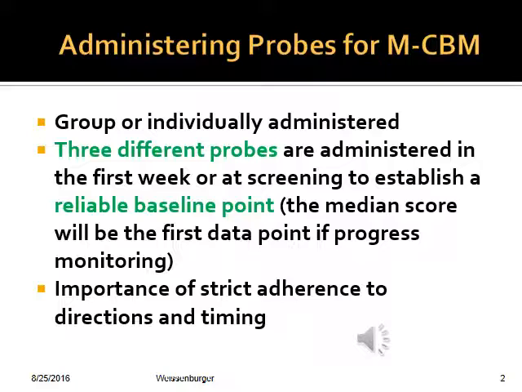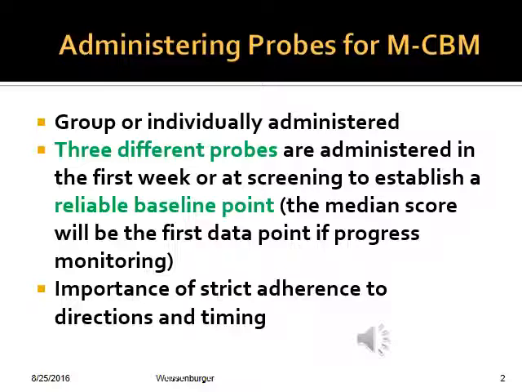There are a number of considerations that the test administrator needs to take in mind when administering math CBMs. First, one of the bonuses of math CBMs is that they can be individually administered for a particular student, or they can actually be administered to groups of students.